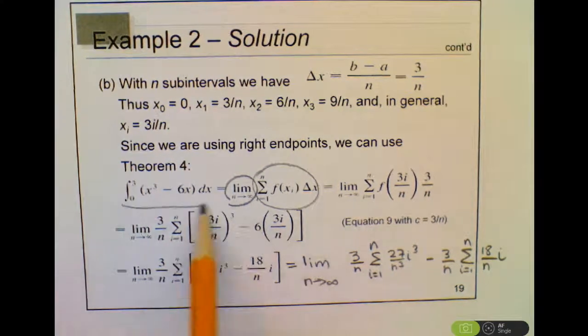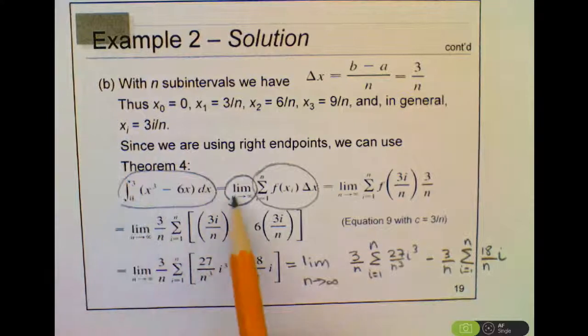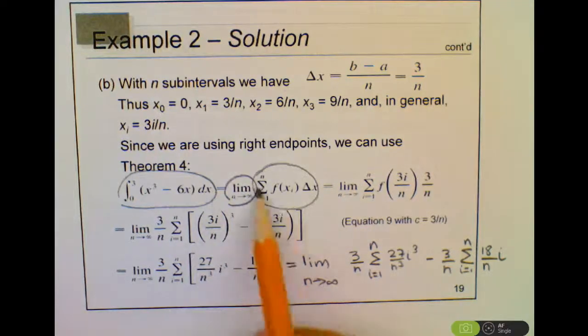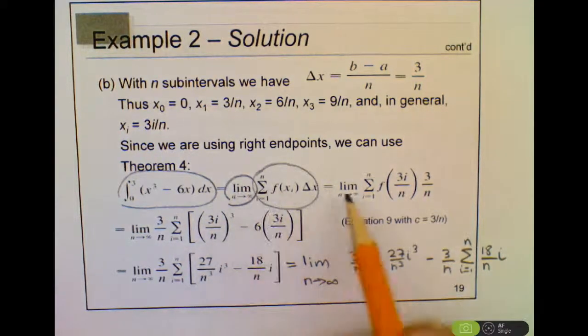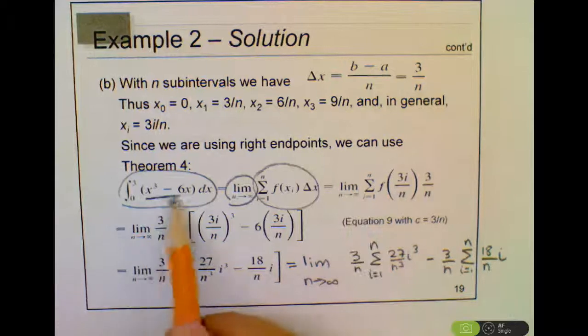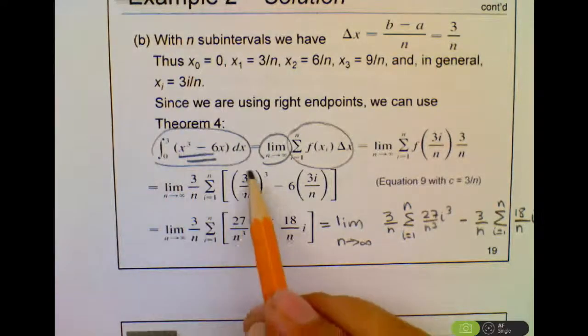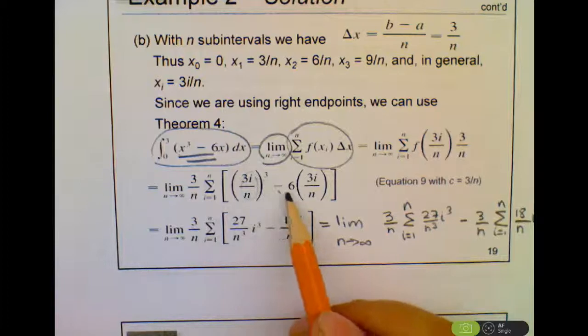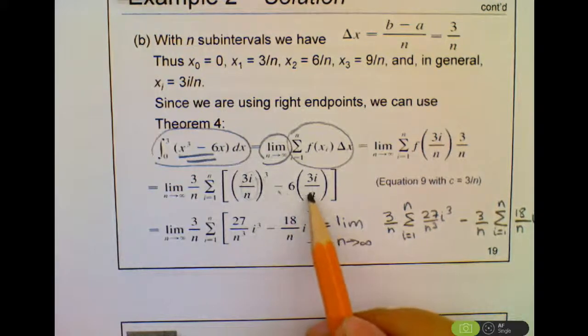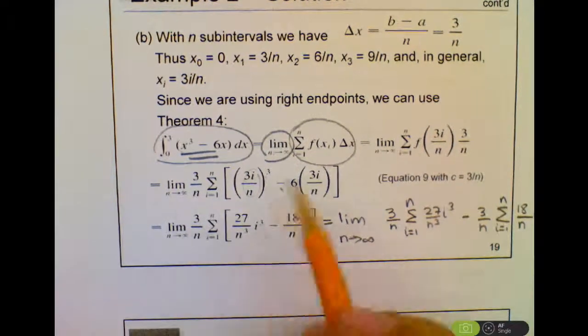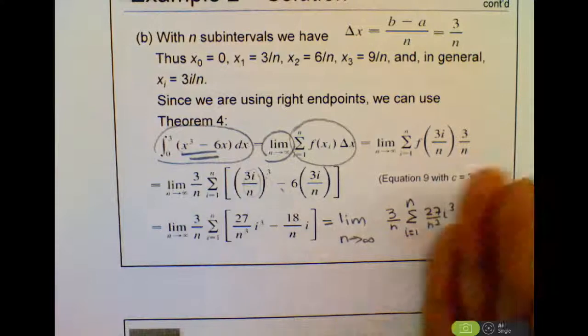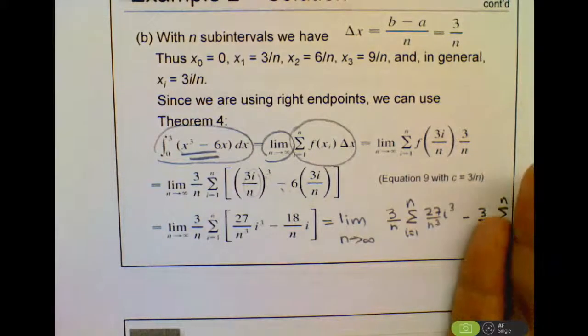So the integral, by definition, is the limit of this summation. So the limit of this summation is, since we know what f is, actually every item cubed minus 6 times that item. Now, the only things that are shown here are the simplifications using the properties for summation.